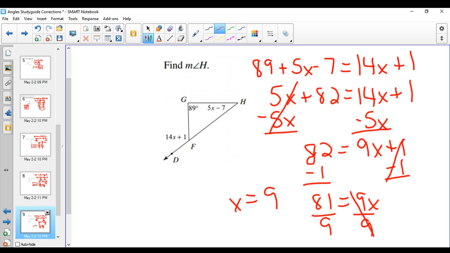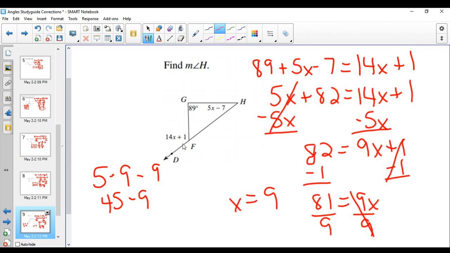Now, we're not quite finished yet because they did ask us for the measure of angle H. So here's angle H right here, which is represented by 5x minus 7. So we're going to do 5 times 9 minus 7, so that would be 45 minus 9. I'm sorry, I wrote down the wrong number. 5x minus 7.